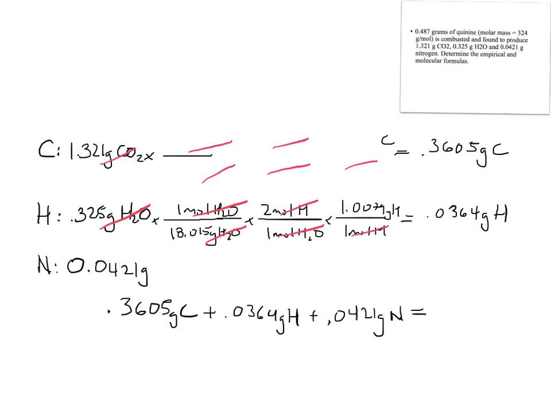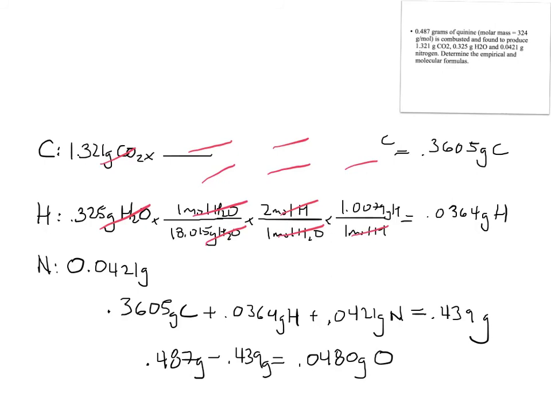That equals 0.439 grams total. And so then we know that we had 0.487 grams of our quinine sample. Subtract from that the 0.439 that makes up the carbon, hydrogen, and nitrogen. And that tells us we have 0.0480 grams of oxygen in our molecule.